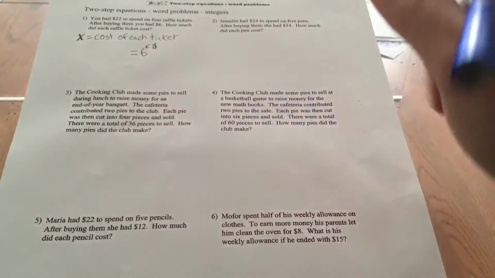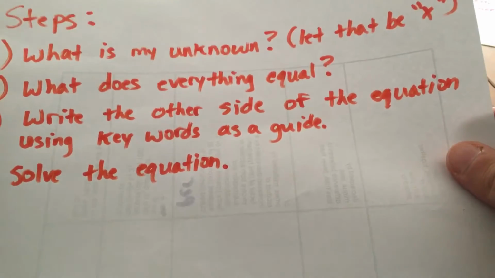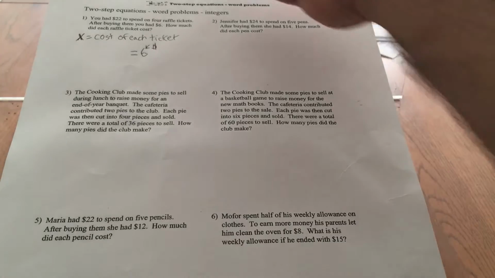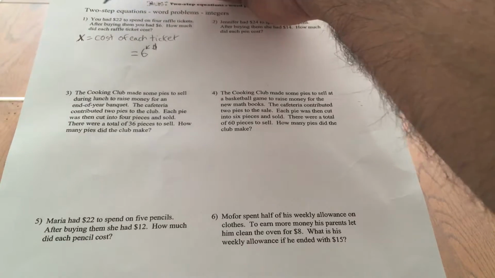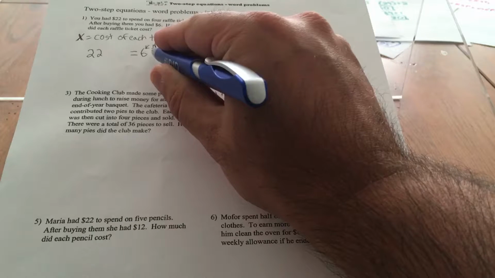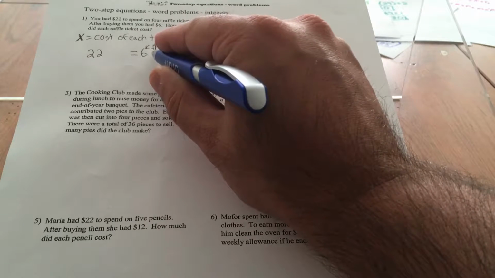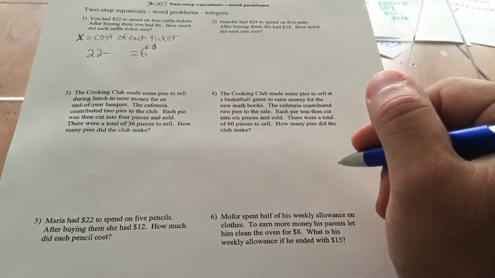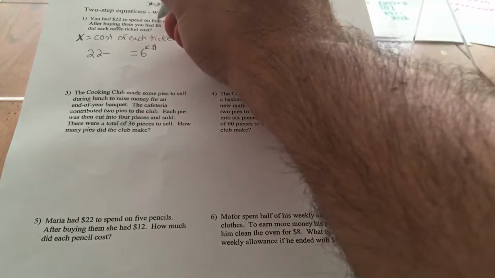Okay, third step then is to write the other side of the equation using keywords as a guide. So if we come through our problem and start reading, you had $22 to spend. So we start with $22. All right, $22 is in units of money, so we're fine there. We don't have to do anything to it. And then we're going to spend money, so that means we're going to lose money, or subtract. And then the only other number left in the problem is this 4 here.